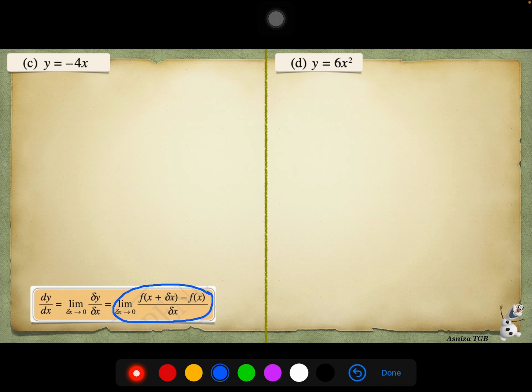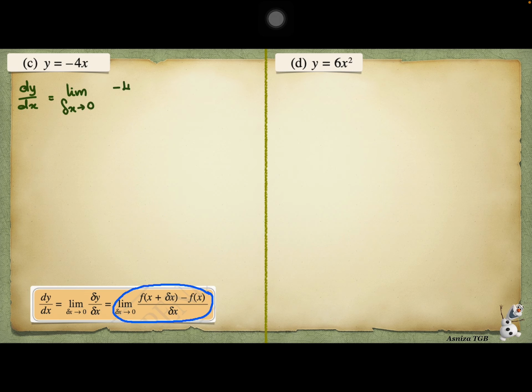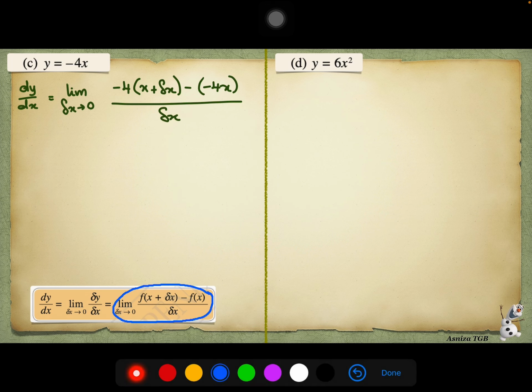Once again, let's use the theorem. dy/dx, the first derivative of y, or differentiating y with respect to x, is the limit as delta x approaches 0 of negative 4 times (x plus delta x) minus f(x), which is negative 4x, and then divide by delta x.